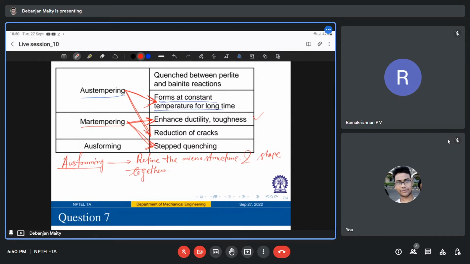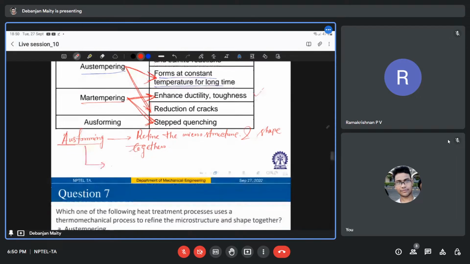So it will be coupled with good toughness and creep resistance and fatigue life.